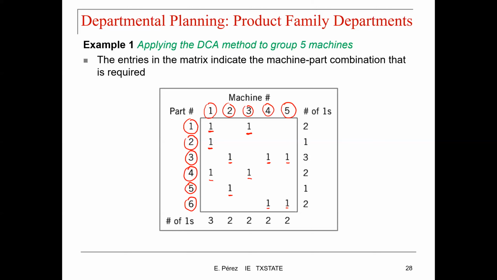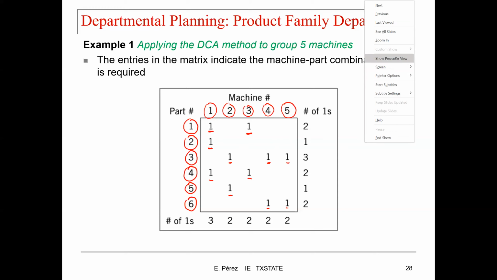The first thing we want to do, step 1, is sum the ones in each row and in each column of this matrix. That's what we are doing here.